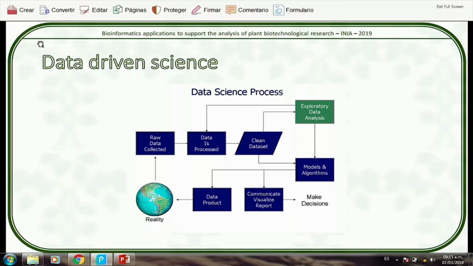Data science goes back to the late 90s when the term data mining started being used. And what did data mining mean back then? Data mining meant that using statistical or novel statistical approaches, you would be able to look into already existing databases or data, like nucleotide sequences, maybe SSR data, maybe some genotyping data from several species.